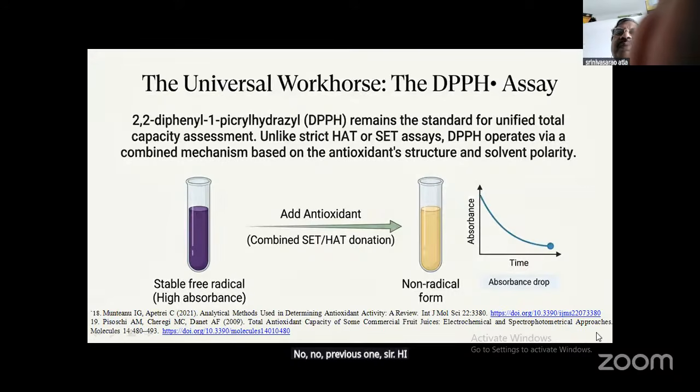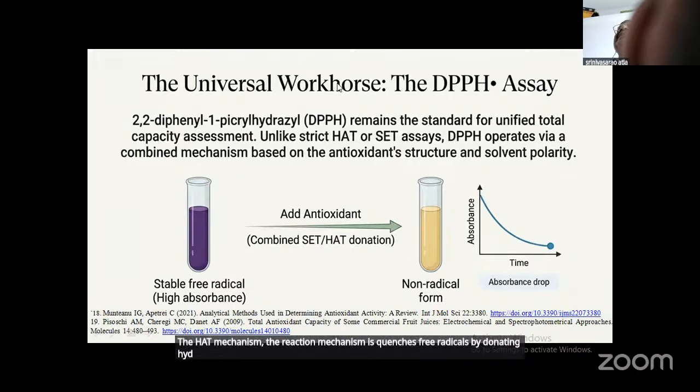HAT versus SET mechanisms. The HAT mechanism quenches free radicals by donating hydrogen. The SET mechanism transfers an electron to reduce the oxidant, tracked by color change.